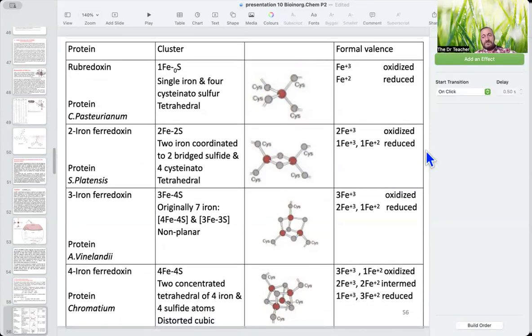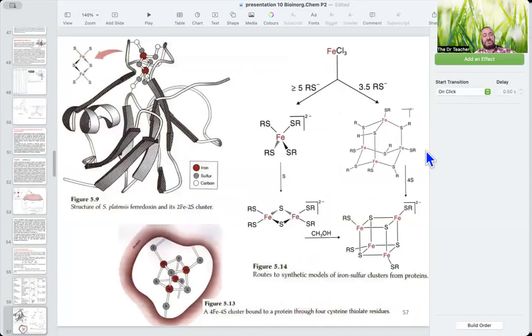Okay, now this is all introduction to the bioinorganic chemistry. What you have here is structure of ferredoxin and its 2Fe2S cluster. So we have ferredoxin. You see the structure here. So there's iron with 3 chlorine.